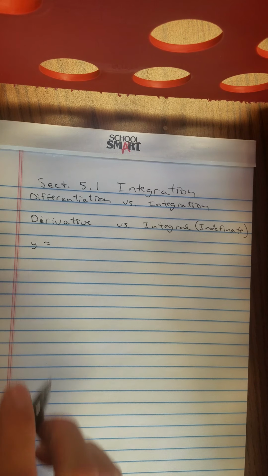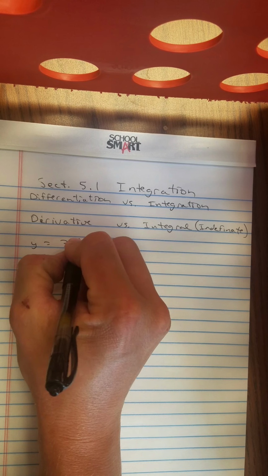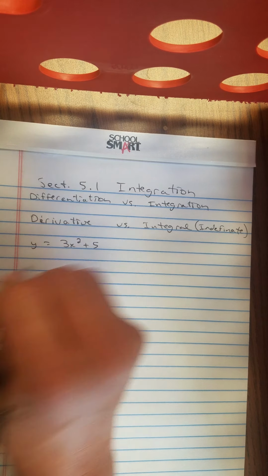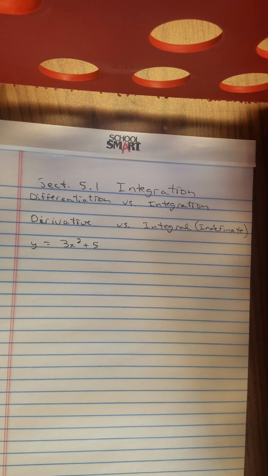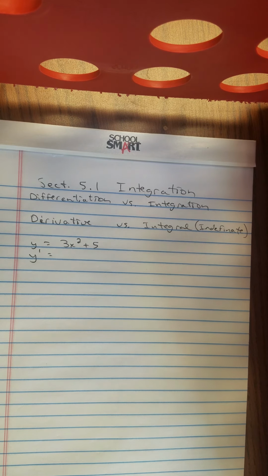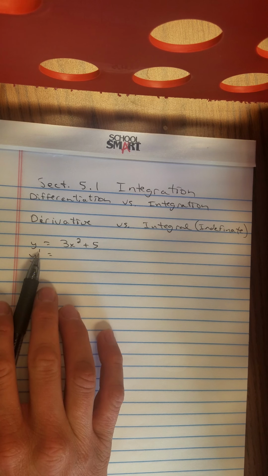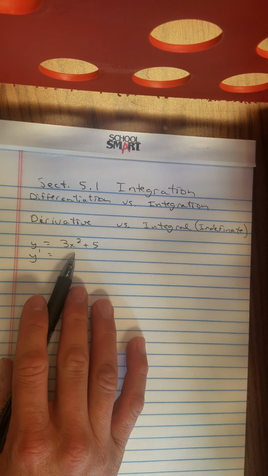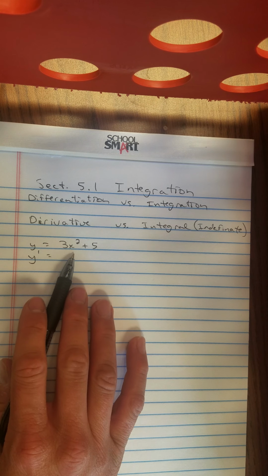If we take a function, y equals 3x squared plus 5, okay? The act of differentiation or finding the derivative, and we all know that the simplest way of marking a derivative is just with this little prime symbol. We know the process of differentiating a simple polynomial function.